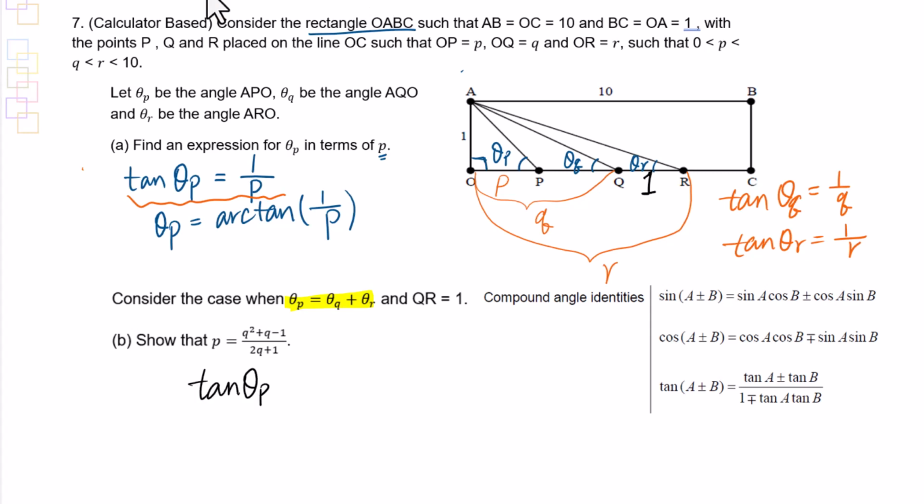Tangent theta P equals tangent of theta Q plus theta R.